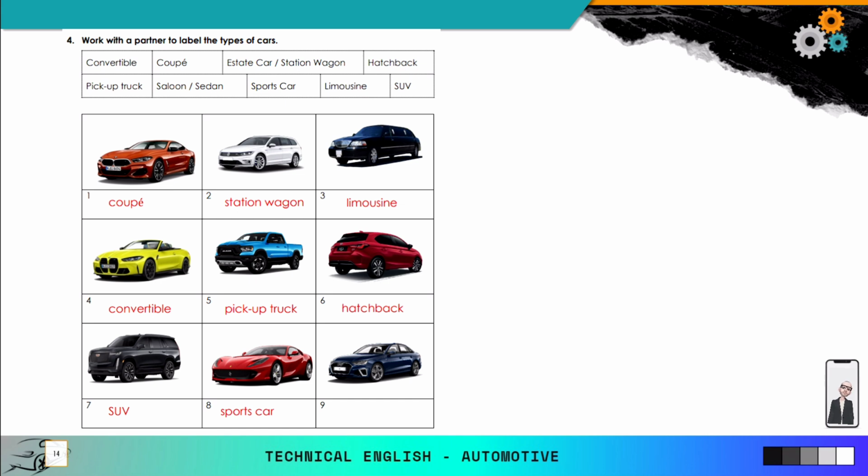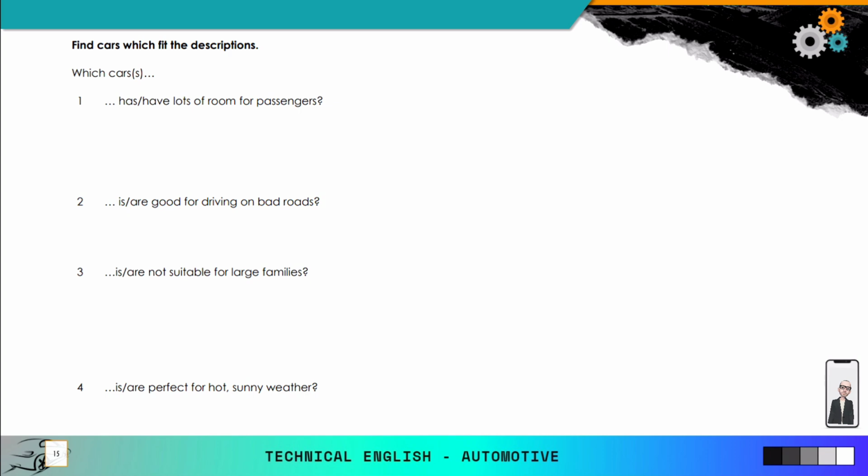Actually, that's almost like a hypercar, but we'll keep it simple here and call it a sports car. And number nine is a sedan or saloon car. Okay, so that was task number 4 for us, different types of cars.